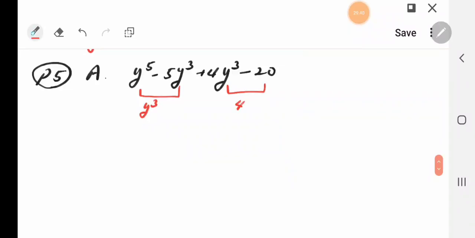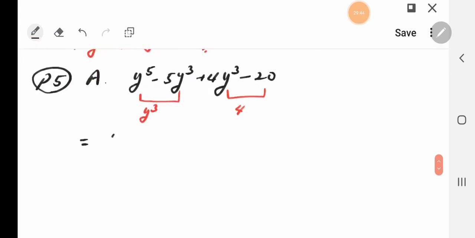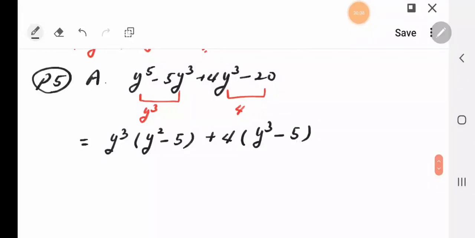So we can now factor each group. From the first group, factor out y cubed. Then y to the 5th power becomes y squared. The second term, y cubed went out, so we have 5, so minus 5. And from the second group, factor out 4, then y cubed is the leftover, minus 4 times 5 is 20.